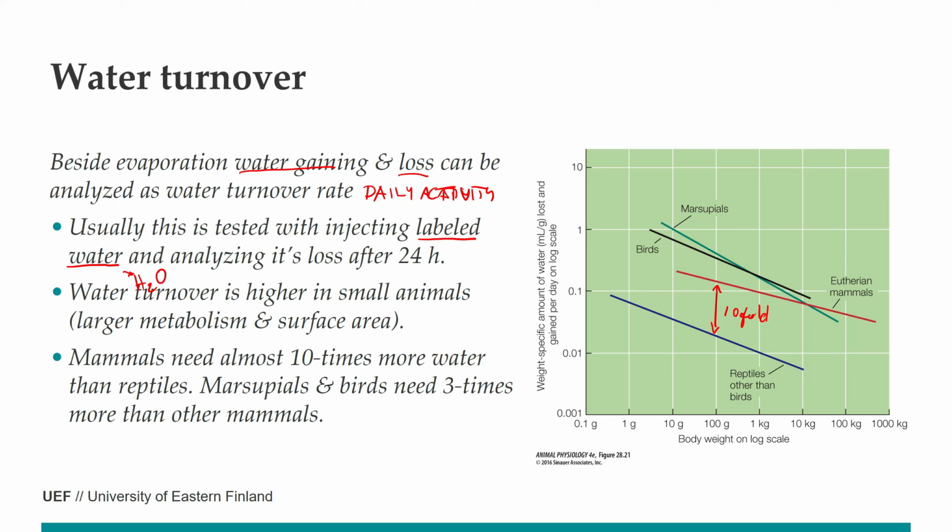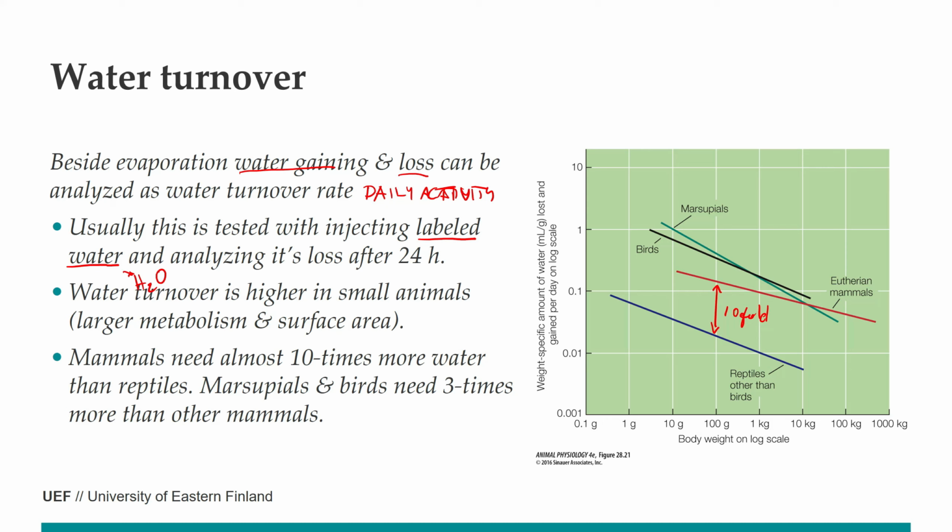So meaning that if these reptiles are losing perhaps 1 or 2 milliliters per day, we mammals are losing 40 milliliters per day.